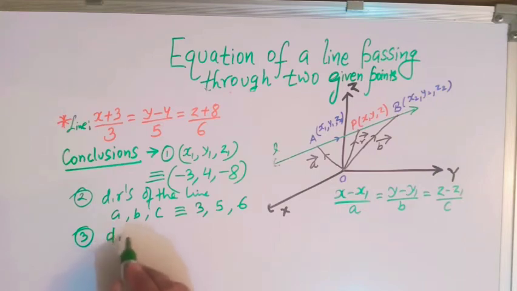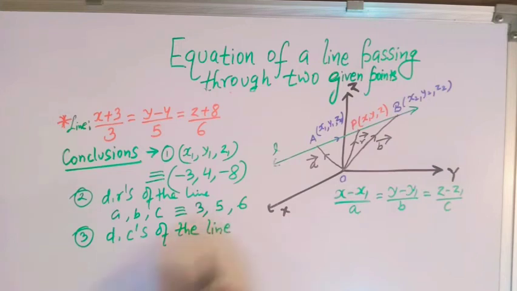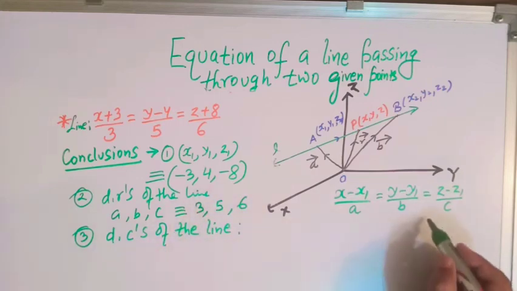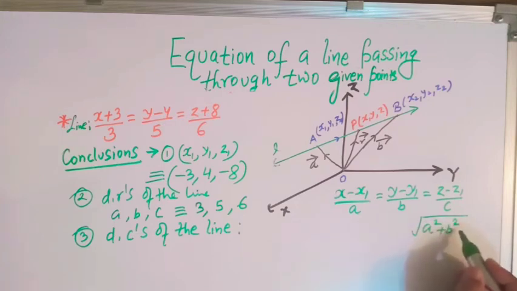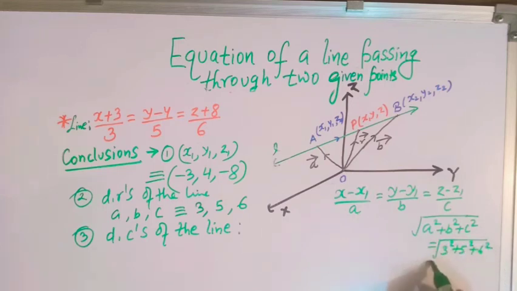Now suppose we want to find the direction cosines of the line. So what are the direction cosines of the line? So first we will find the expression, that is square root of a square plus b square plus c square, and here it is 3 square plus 5 square plus 6 square, and this is 9 plus 25 plus 36, so this is 34 plus 36, that is square root of 70.